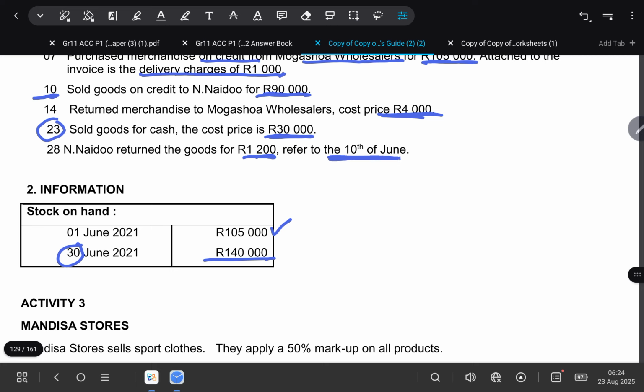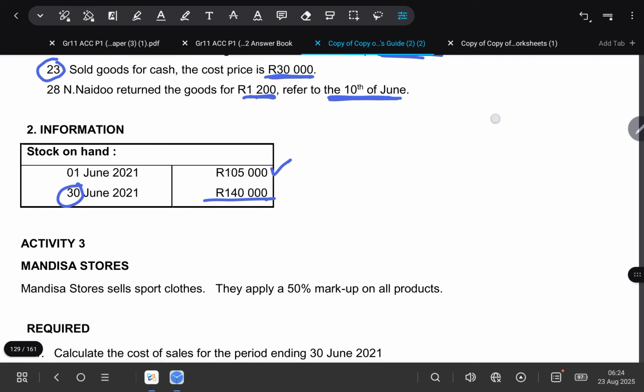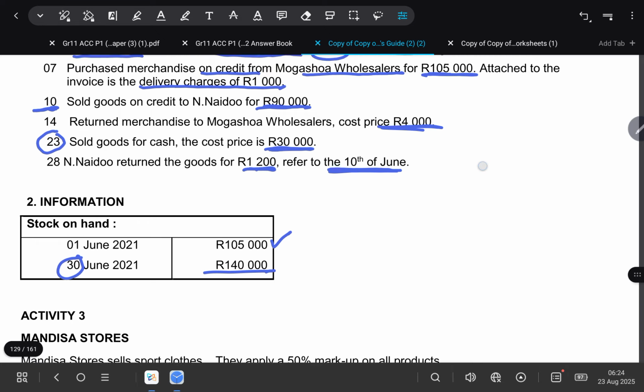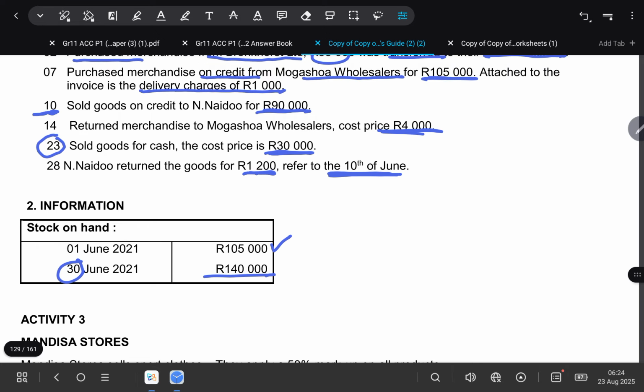So remember what we need to do here. We need to make sure that we get our selling price, our sales correctly. Okay, and then one thing that we also need to keep in mind is that when goods are returned using this method, do we update our cost of sales or not?